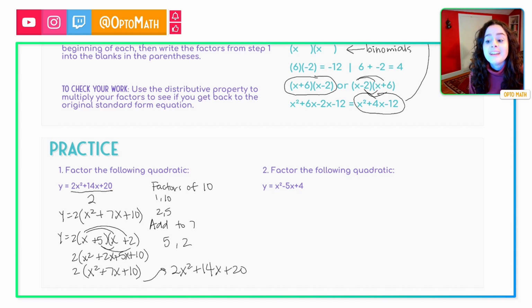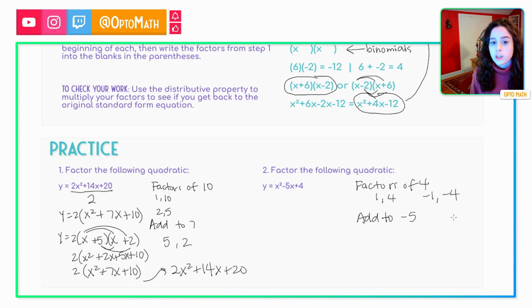Number 2, factor the following quadratic, and it's y equals x squared minus 5x plus 4. So factors of c, so that would be our 4. Factors of 4 that add to negative 5. So factors of 4 is really going to be 1 and 4, or negative 1 and negative 4.